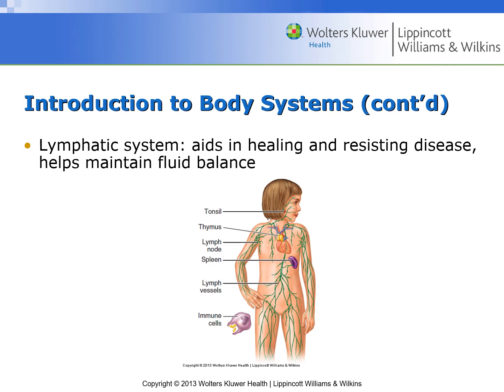The lymphatic system aids in healing and resisting disease, and it helps to maintain fluid balance. This system employs a variety of vital defense mechanisms that create resistance to disease and plays a role in healing from injury or illness. It also returns proteins and fluids to the bloodstream, which is essential to maintaining proper fluid balance in the body.